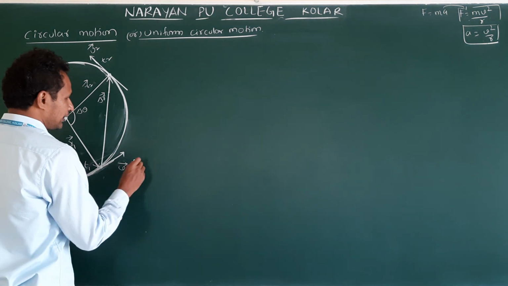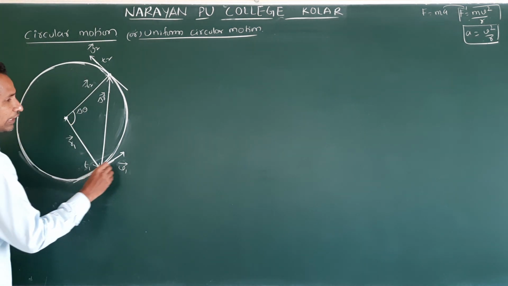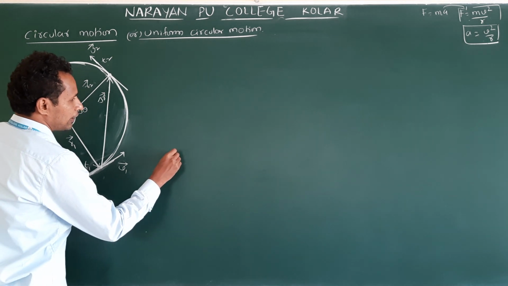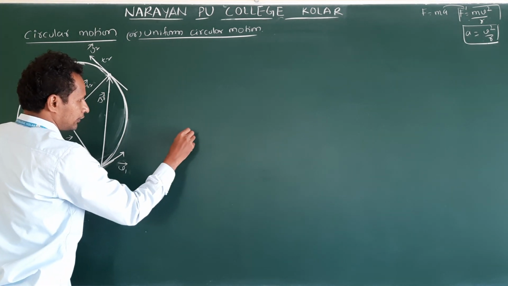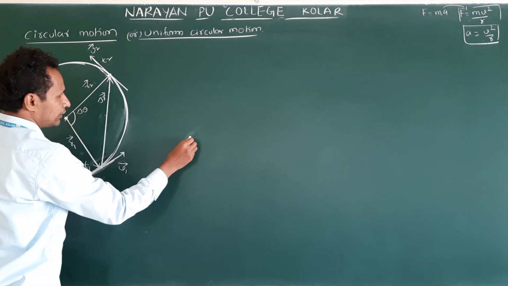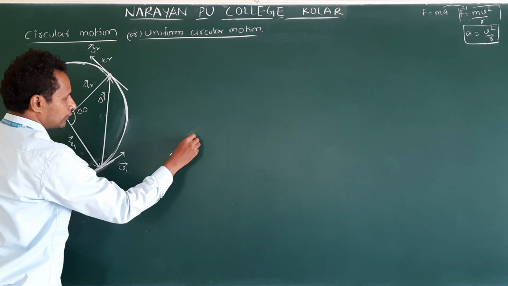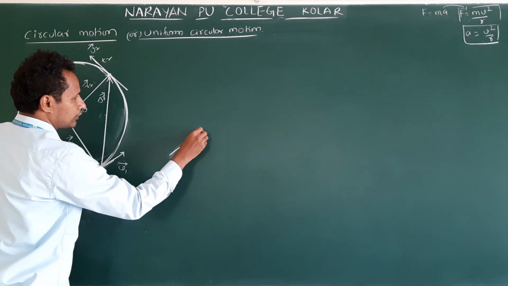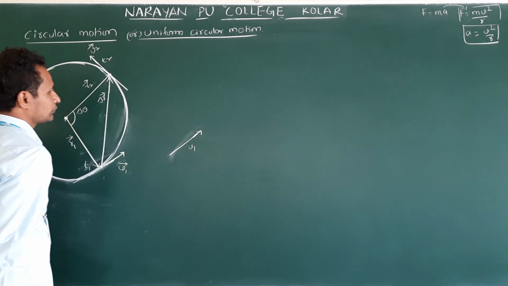So I am drawing the velocity vector parallel like this. Now it is parallel. This is V1.